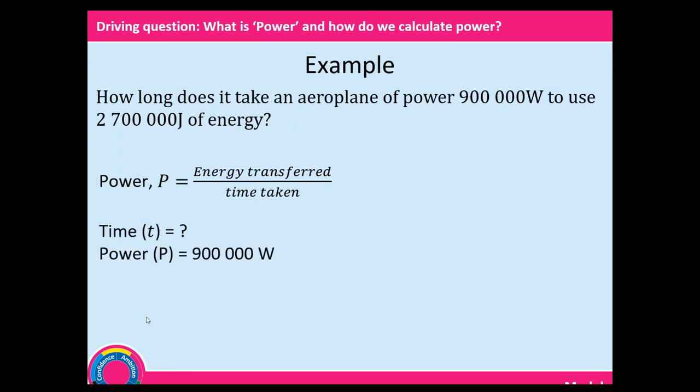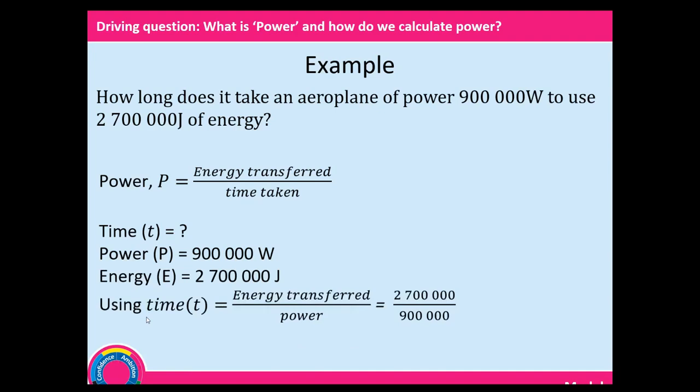Power is 900,000 watts, energy is 2,700,000 joules. Substituting into our equation, we get time equals 3 seconds. So that's how long it will take the plane with a power of 900,000 watts to use 2.7 million joules of energy.